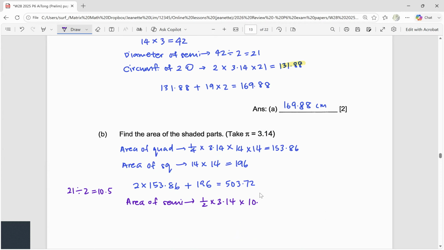So I'll use 10.5 for the radius. Okay, then this will give me 173.0925.